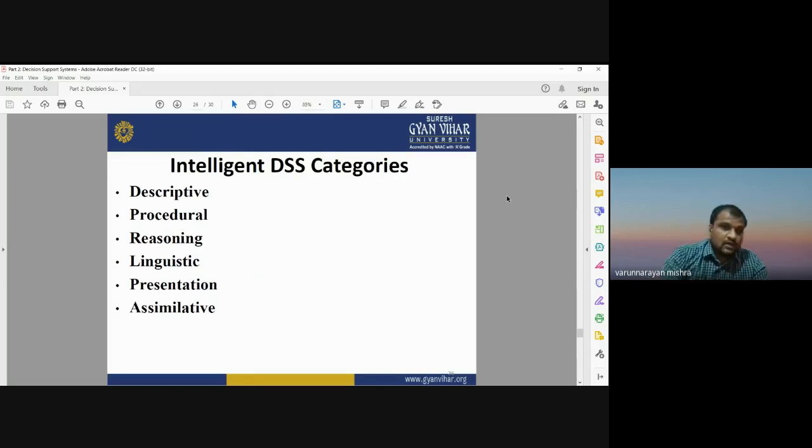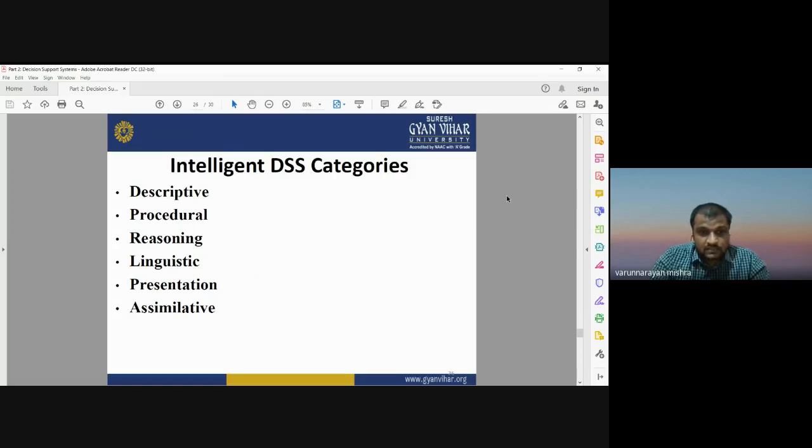Now the intelligent decision support system categories include descriptive DSS, procedural DSS, reasoning DSS, linguistic DSS, presentation DSS, and assimilative DSS. So we can have different categories of DSS on the basis of their abilities. Descriptive DSS works for some descriptive solution. Procedural DSS provides you some procedures, some methods.